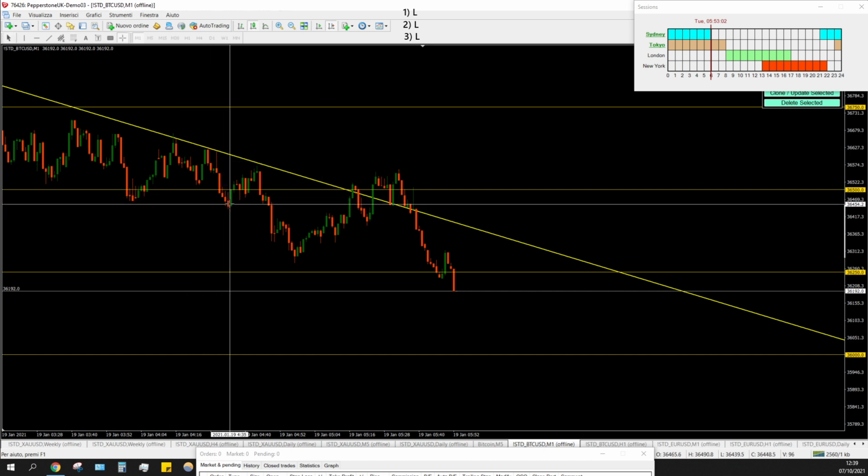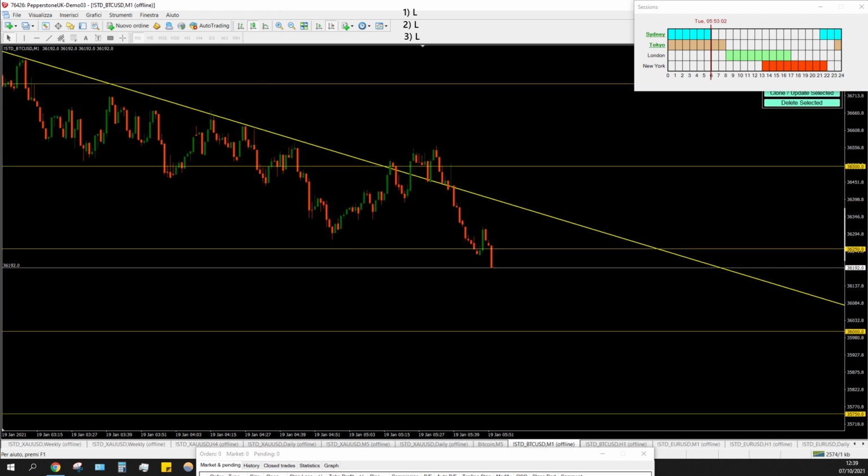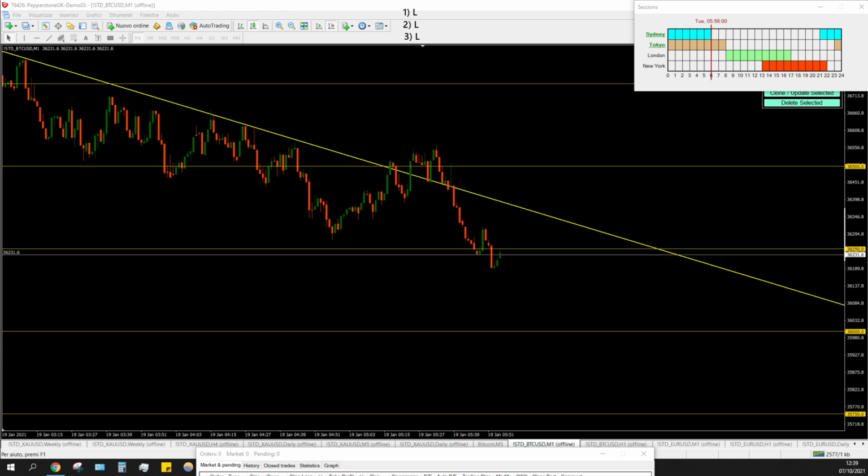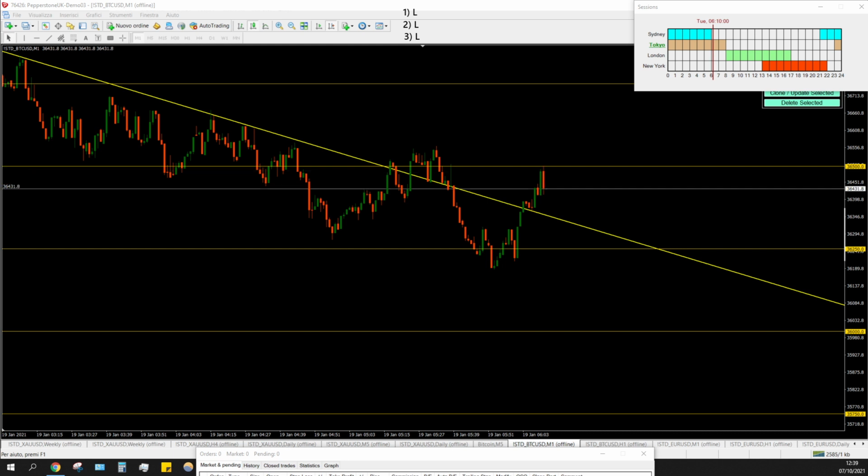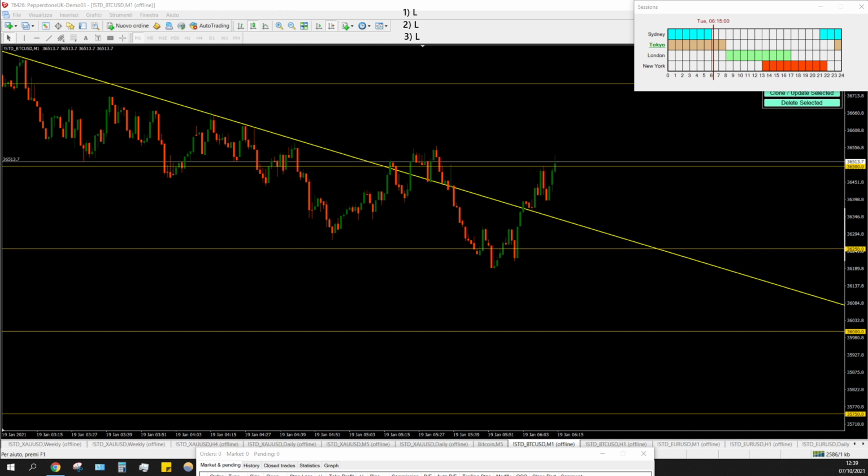So my entry was here. We got stopped out only by the spread, and then it would still be in. But as you can see, it's not a clean action at all.